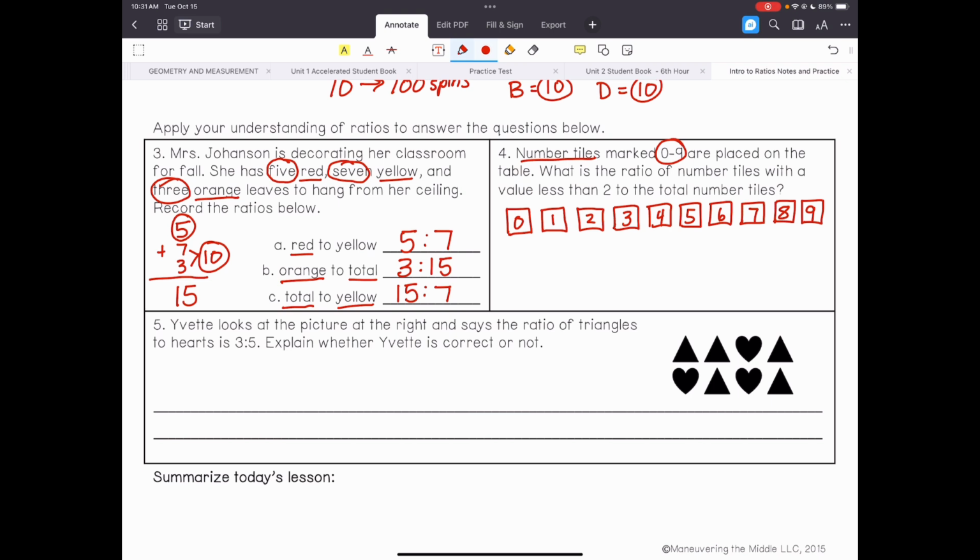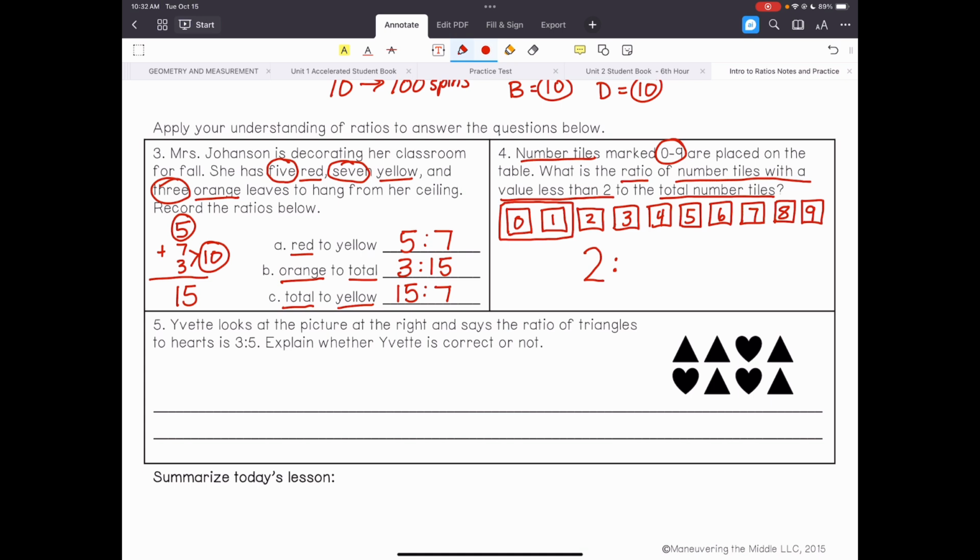All right, it says the ratio of number tiles with a value less than 2. Did it say including 2? No, it said less than 2. So there are actually only 2 tiles that have a value less than 2. So that's my first number, 2 tiles compared to the total of number tiles.